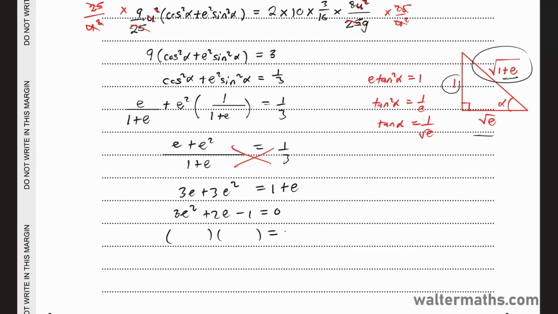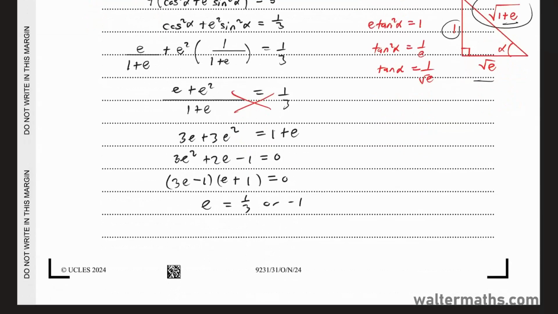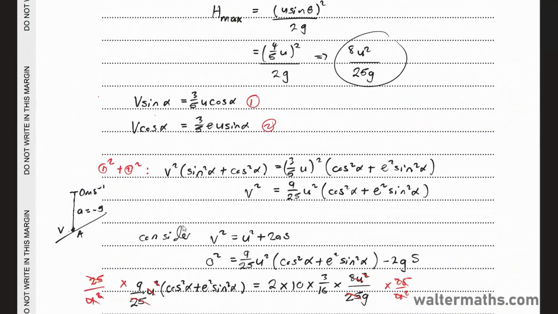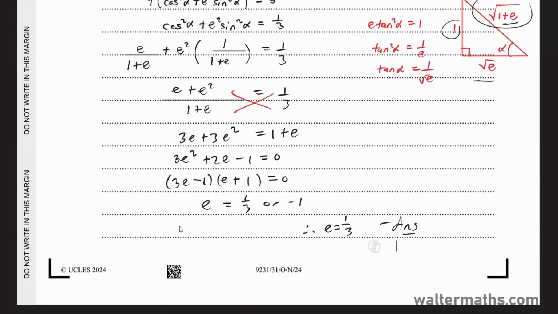So we can factorize it such that the values of e come out as a third or minus 1, but we will rather have the positive one, e being equal to a third. So this here is the answer, and that's how we do it. e is equal to a third.